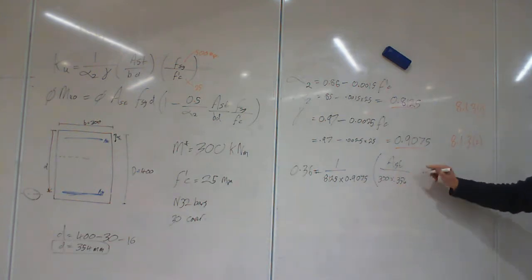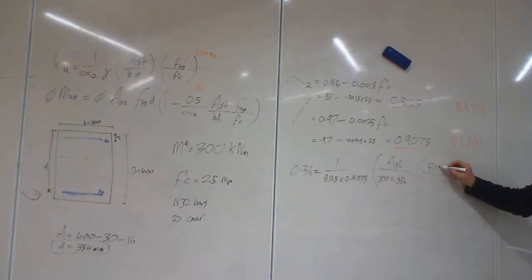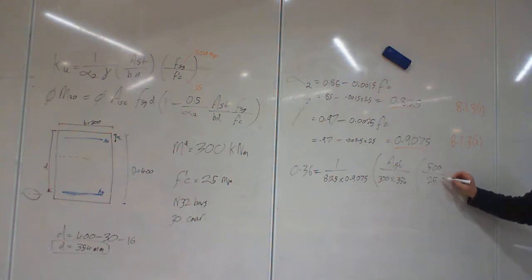There's our B, there's our D, times 500 over 25. Everyone okay with that?